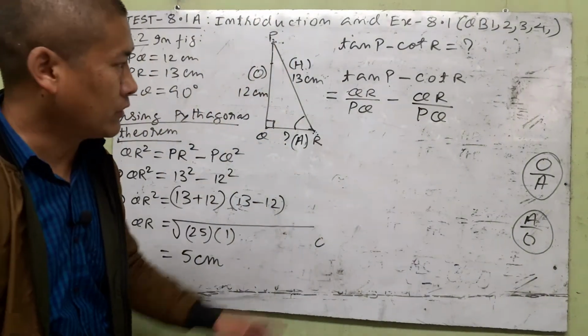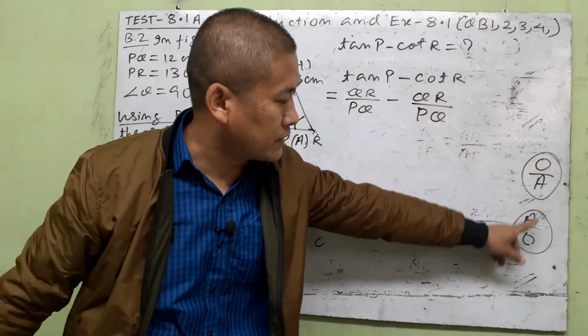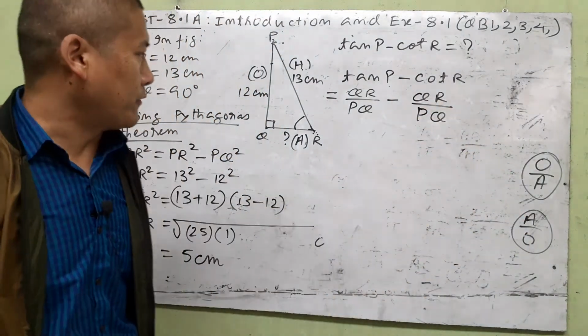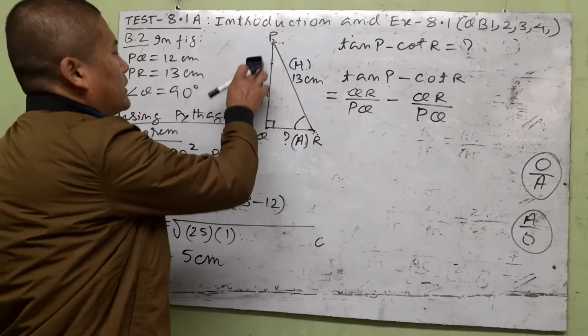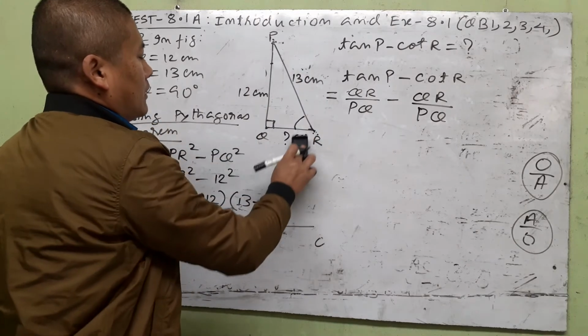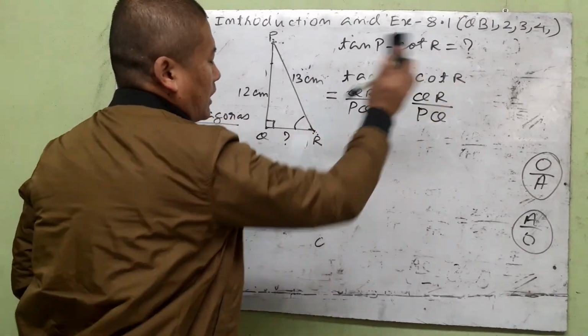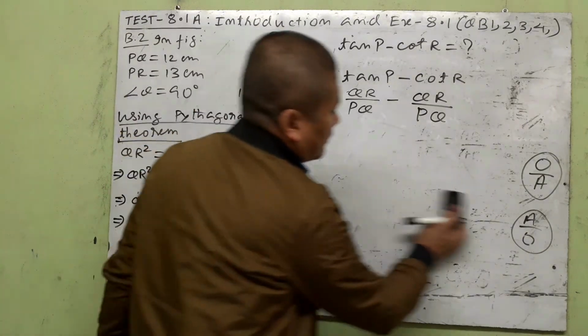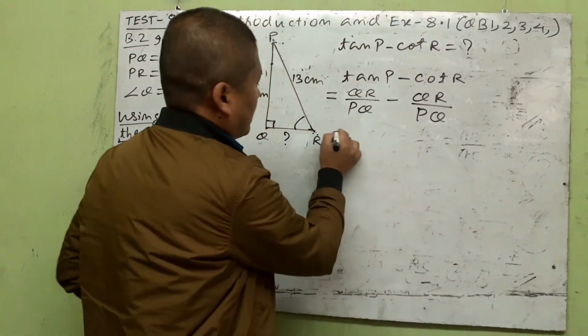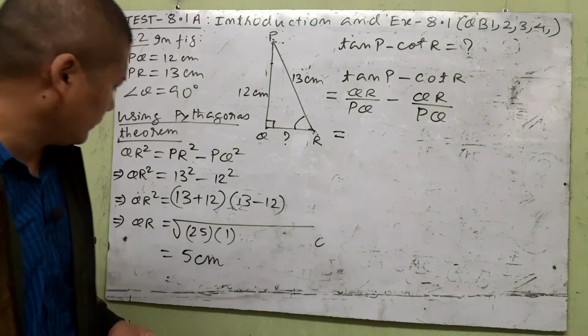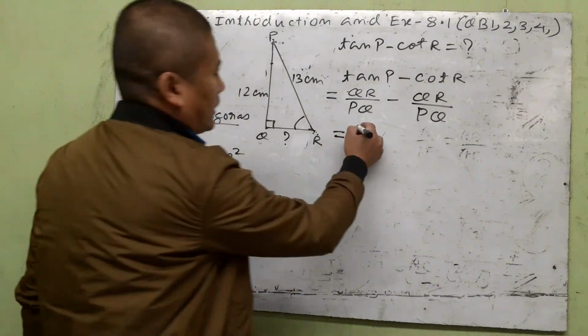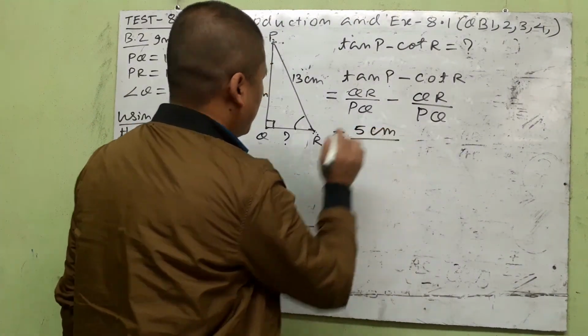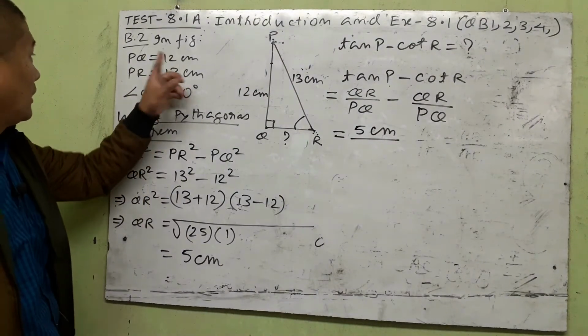So we need to write this correctly. We can directly go to the sides without using this once we get more comfortable. I'll remove these things because these are not fixed. They will change as we change angle P to R, so don't mark, okay? I'm marking for explanation. Now, once we're through with that, it's quite easy. QR, 5 centimeter, that's correct, by PQ, yes, 12 centimeter.